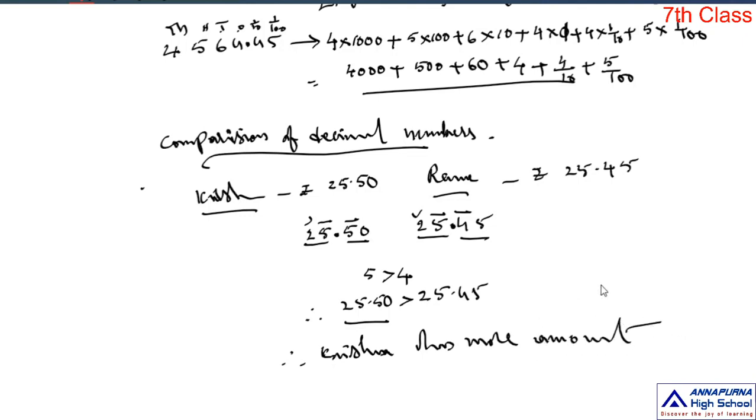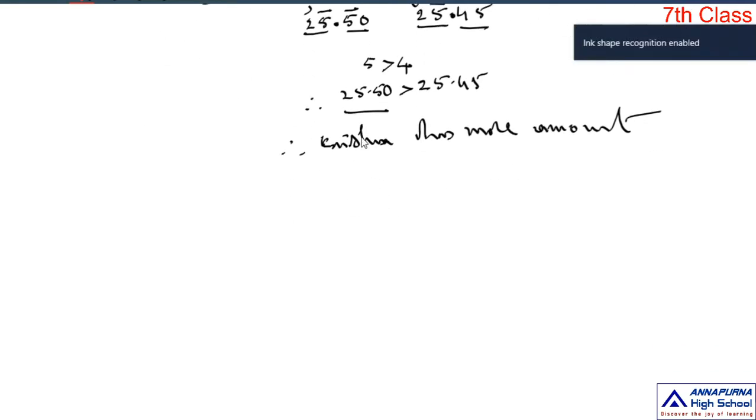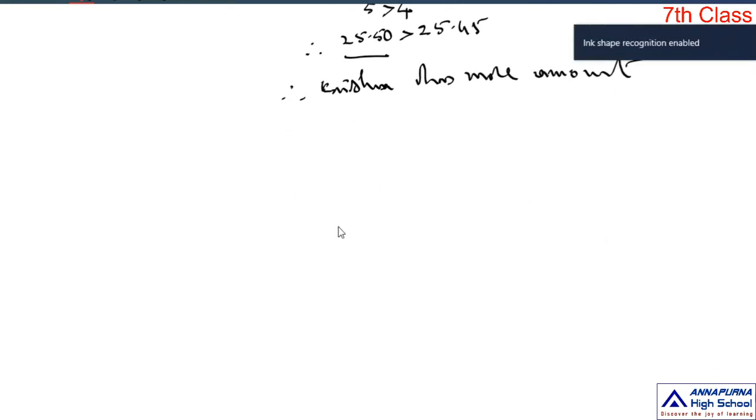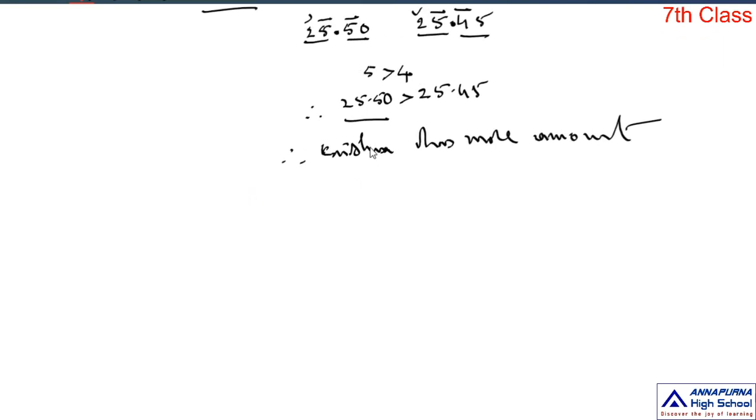So like that we can compare. Suppose when you are comparing the digits in a particular place, if the digits in the integral part, the whole part, are the same, you compare the digits in the decimal part. If the digits in tenths place are also the same, suppose this is 5 and 4, then we can say that this is greater than this.